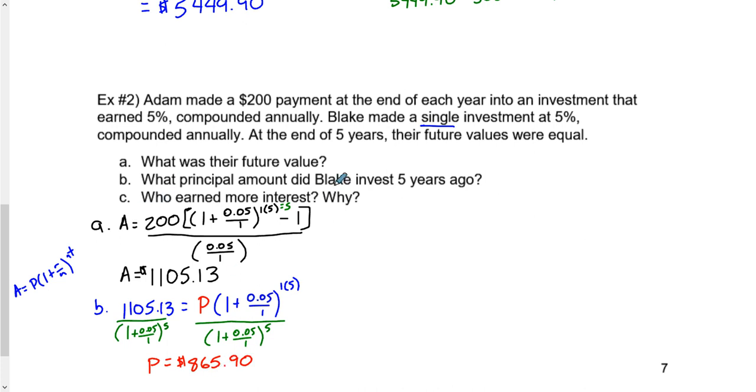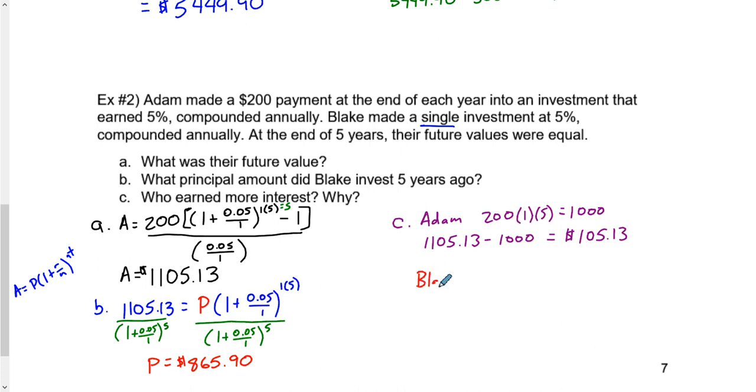So who earned more interest and why? Adam had put $200 away one time every year for 5 years. So Adam had put $1,000 away. The total amount that's interest, though, would just be to calculate the difference. So Adam would have $105.13.